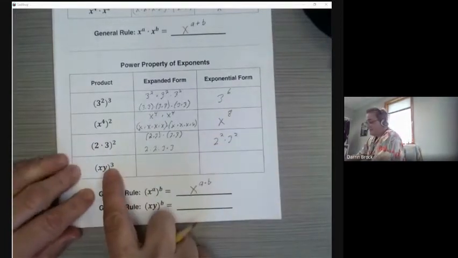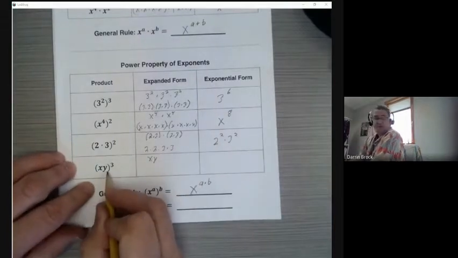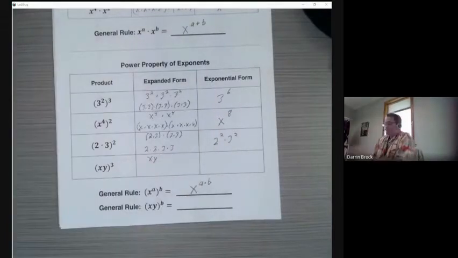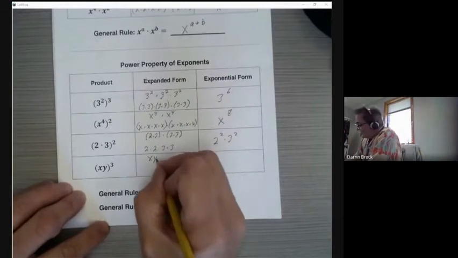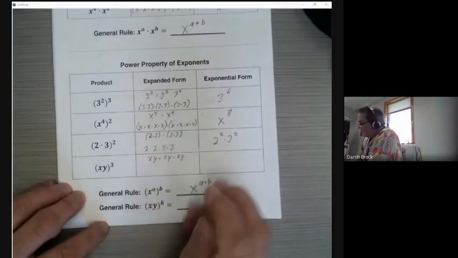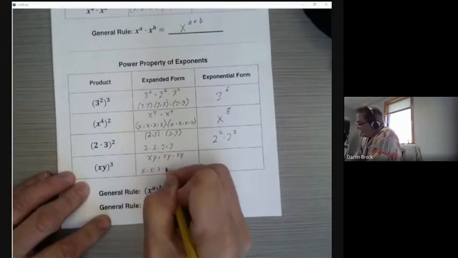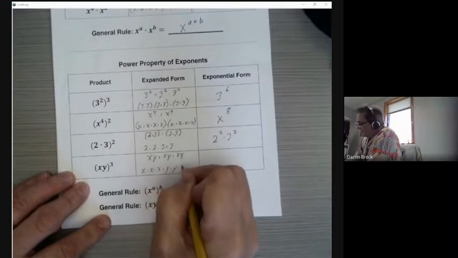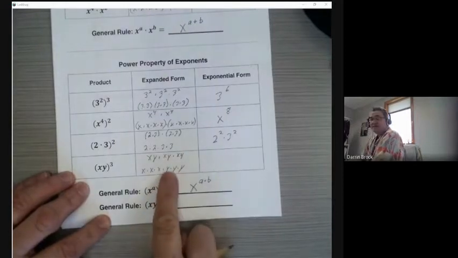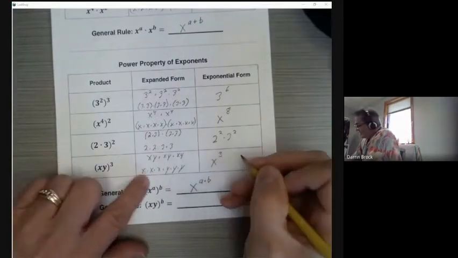So generally with just an xy, that's the same as x times y, right? With variables, it's like put them together. You don't have to have that symbol in between. xy times xy times xy. Again, we can rearrange that. That's saying x times x times x times y times y times y. Same thing, just rearranged, which is x to the third power, 3 x's.